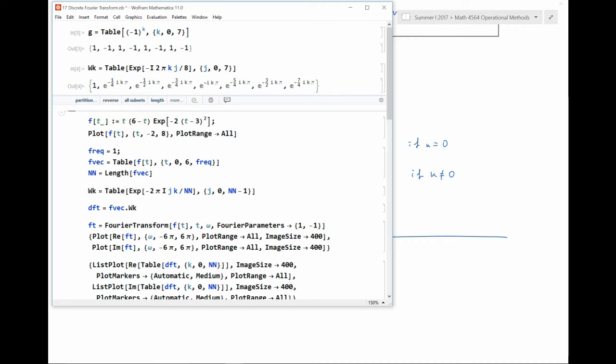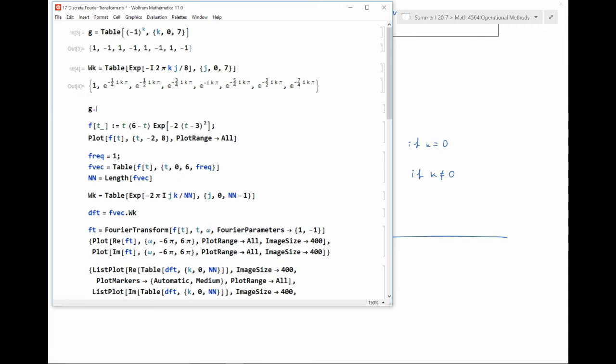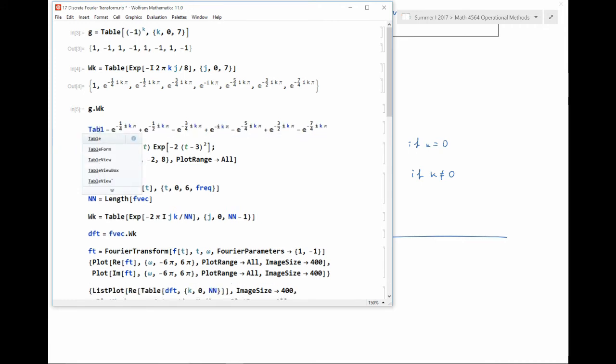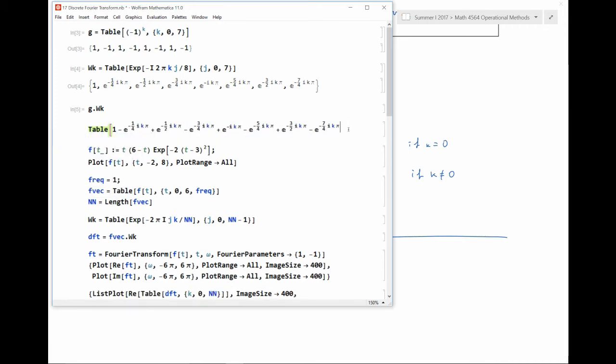The dot product in Mathematica is the Dot operation, but I must warn you that this dot product does not compute the complex conjugate of things. So g in dot product with w_k is just going to be a summation of these things multiplied together. And all I need to do is to compute this for different k.